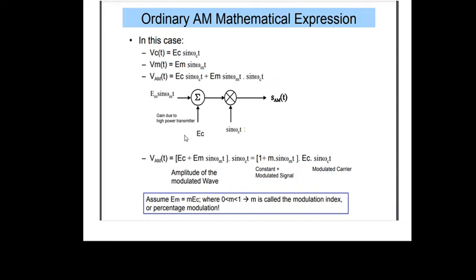So this is the normal representation of the modulator, and how this can be achieved. Em sin omega t is given gain by the high power transmitter, so it will be added, and then there is the multiplier. Sin omega c t plus Em sin omega t gives the modulated signal. It consists of the amplitude waveform, modulating constant, modulating signal and modulated carrier.